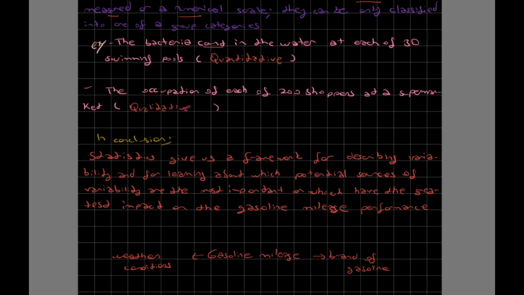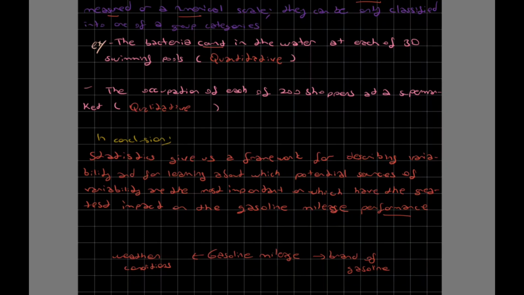And in conclusion, we learned that statistics gives us a framework for describing variability and for learning about which potential sources of variability are the most important or have the greatest impact on the gasoline mileage performance. This is an example to summarize.